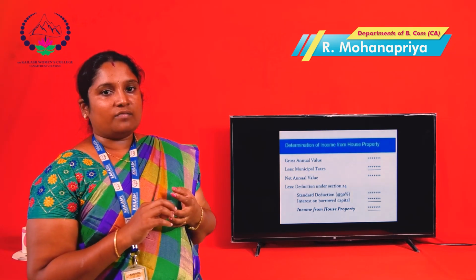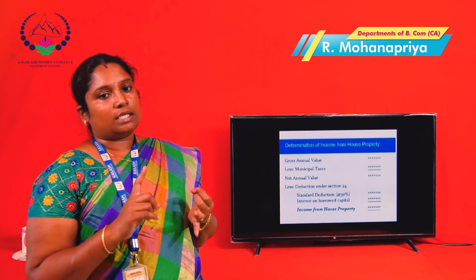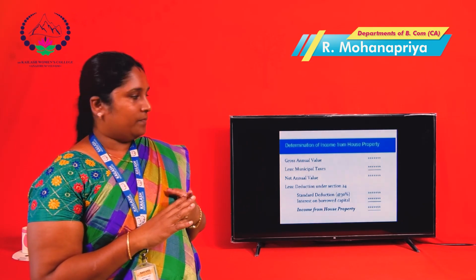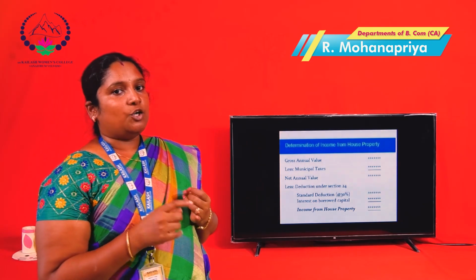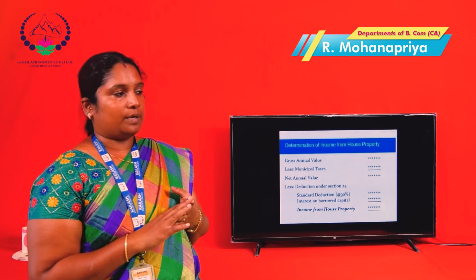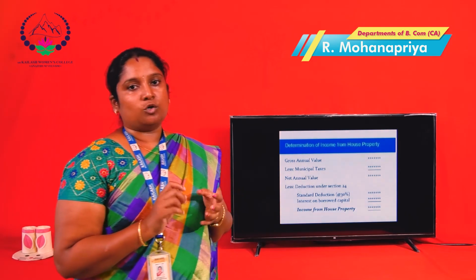The net annual value minus these deductions is equal to income from house property. That is how to determine income from house property.